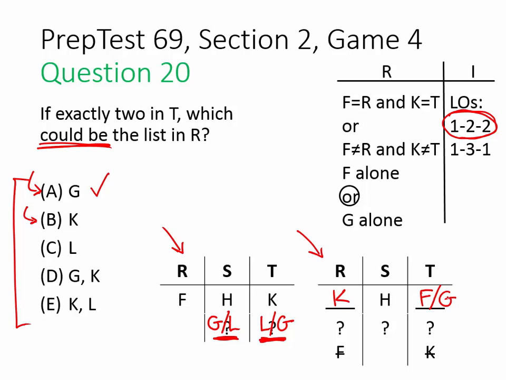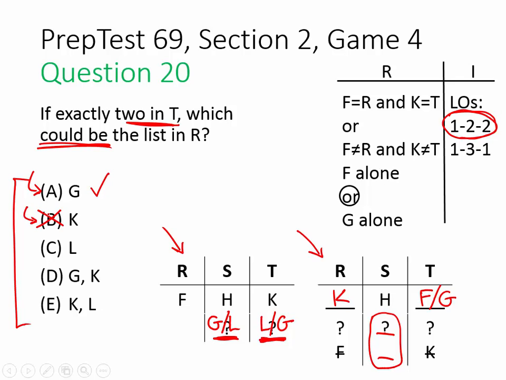And that means that 2 other pieces need to go here, and that breaks needing to have exactly 2 in T. So that one doesn't work.